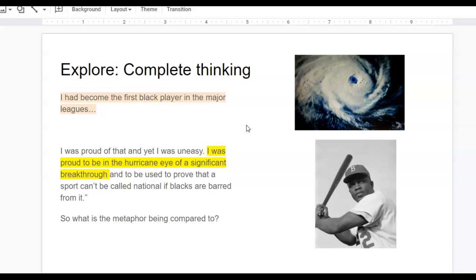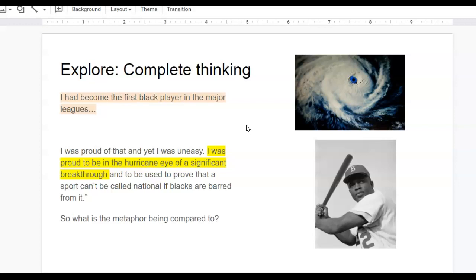Remember I told you about the hurricane. This helped the readers understand that the author is proud of his achievement, but he also feels surrounded by danger. He's like, yeah, I'm proud that I got this far, but there's a lot of danger around me, because he is the first black man to play for the major leagues. He feels anxious because he did not know how people will react.